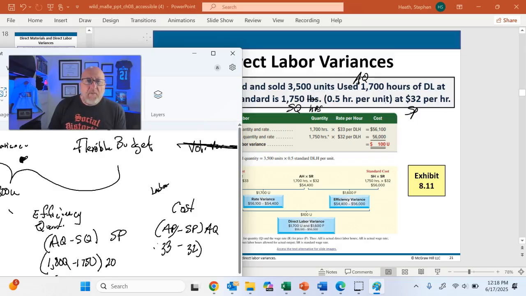So again, we're paying more than we thought. And then the actual quantity, the actual number of hours used was 1,700. So my cost variance looks like it's going to be a 1,000 unfavorable, right? The actual price of labor is $1 more than the standard price.